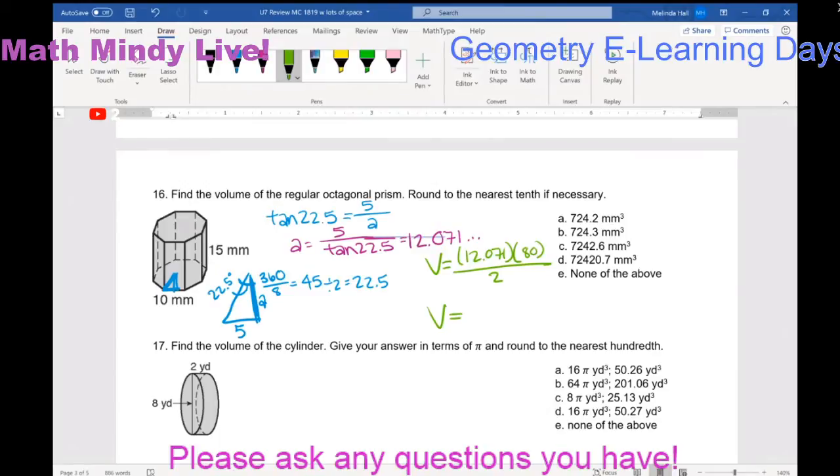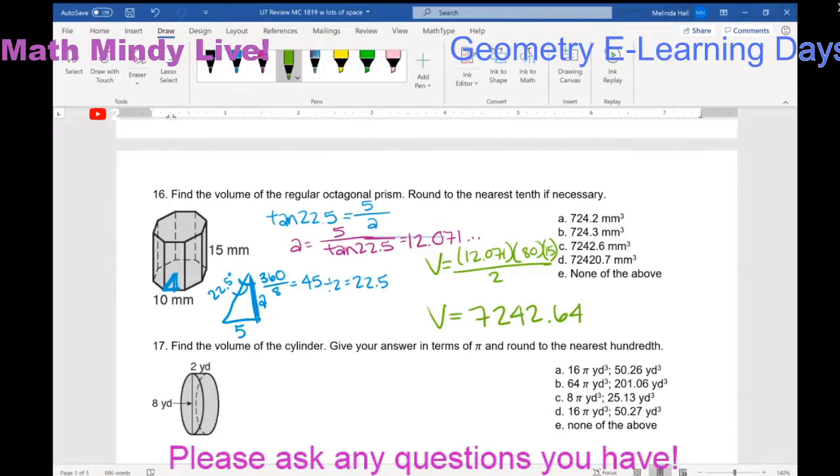Oops. That's just my base area. What am I doing? I forgot to multiply by my height. Times the height, which is 15. So with that, times 15, that would give us 7,242.64.